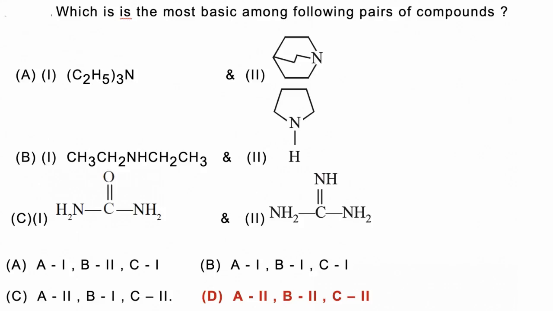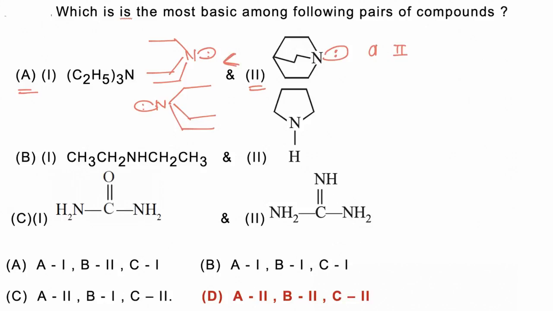In this question we have to find which is more basic in the following pairs of compounds. Now in option A, the first molecule has flipping, and due to flipping in the open chain, electrons are equally distributed above the plane and below the plane, while in the second the conformation is locked, so the lone pair is directed in one direction, so the basic strength of the second is greater than the first.